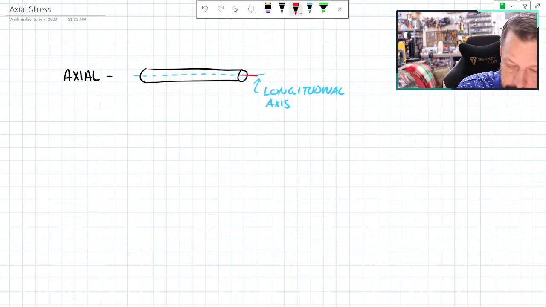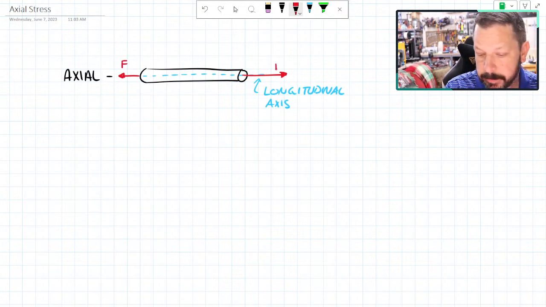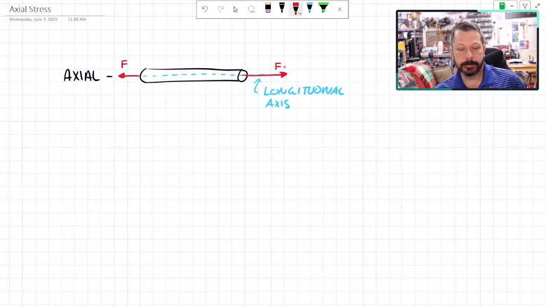So we could have a force over here, and we need an opposing force over here. If we don't have this opposing force and they're the same value, I'll just call them F. If those forces aren't opposed, then I'm not in static equilibrium anymore, because I apply a force to something and it's imbalanced. It's not in equilibrium, then that something is moving, and I'm not in static anymore.